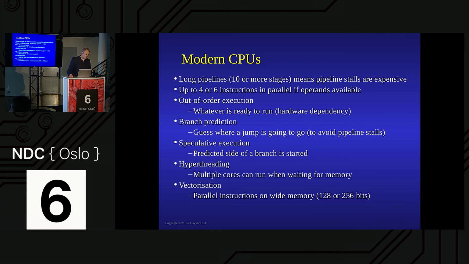The AMD Ryzen chip now uses a neural network for doing branch prediction. I've tried to find out more details about that, but they claim some fancy marketing speak on that. So that's how far they're doing this one, kind of machine learning inside the CPU to do branch prediction. It's that much of an issue. Speculative execution. You can execute multiple things at once and it picks the right answer. Hyperthreading.